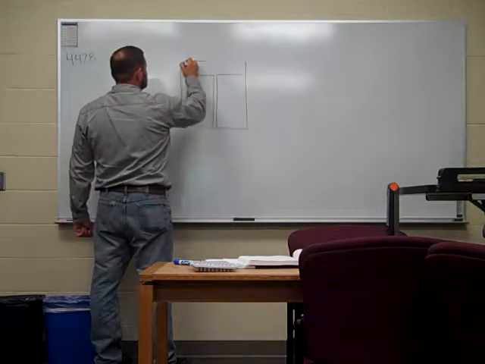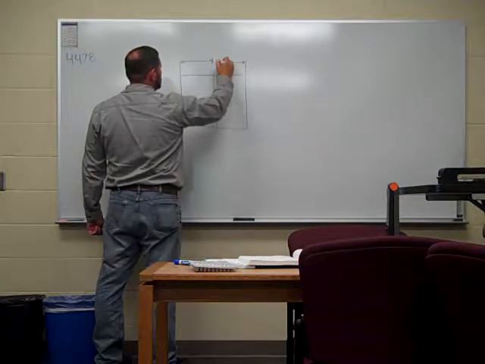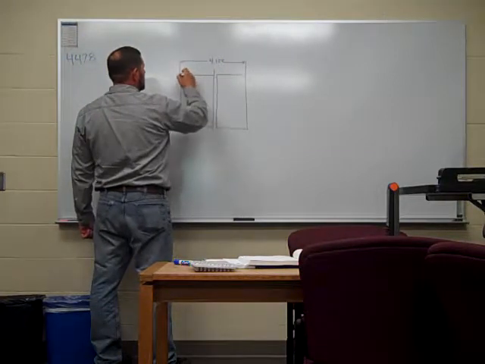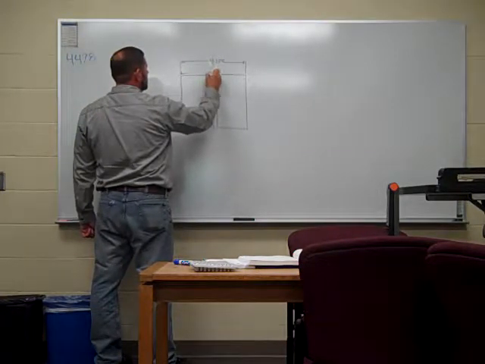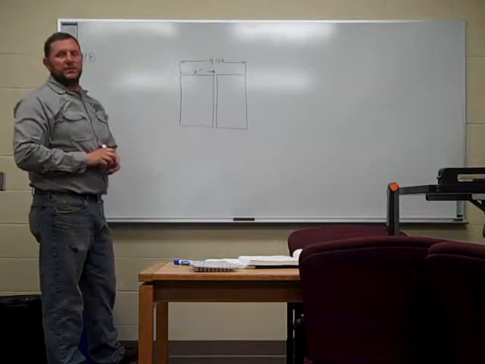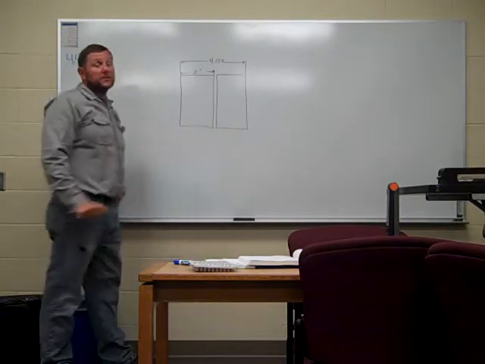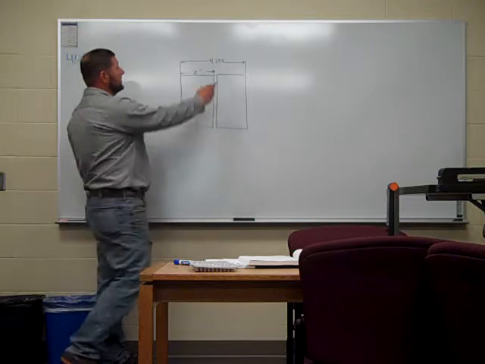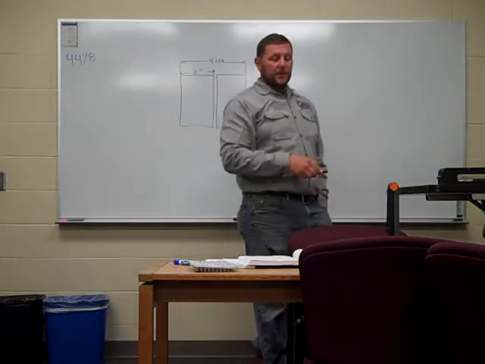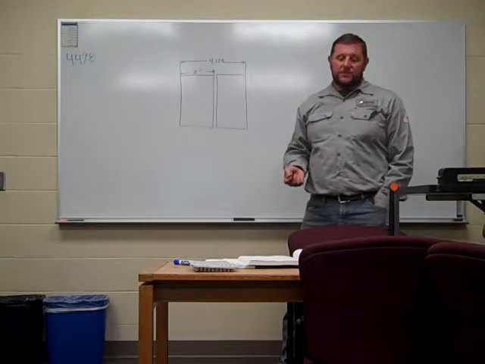Overall dimension here, let's say, is 4.125. They might give you this dimension, 2 inches. As you can see, they didn't give you the other one. You probably have to assume that this piece is 2 inches also. So our gap is basically 0.125, or 1/8 inch.